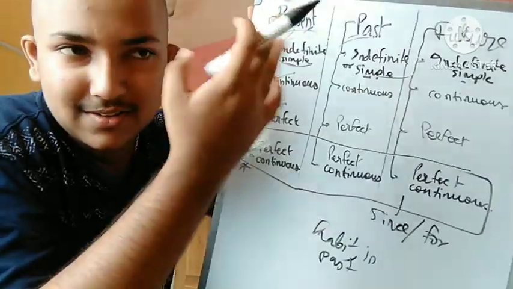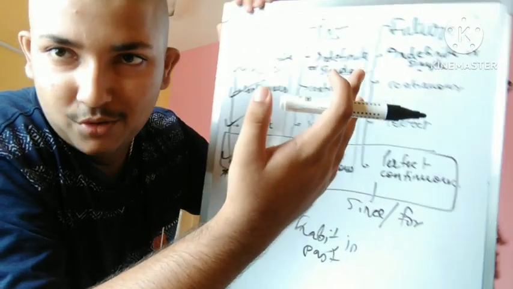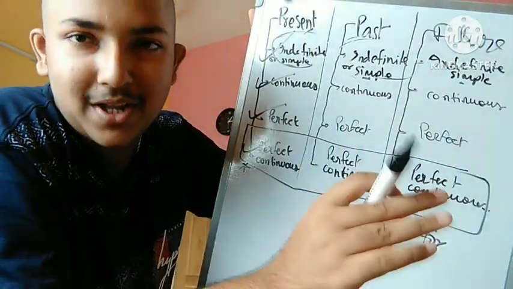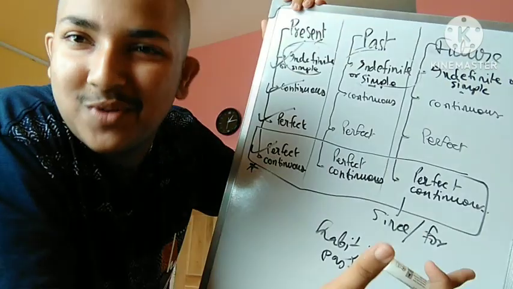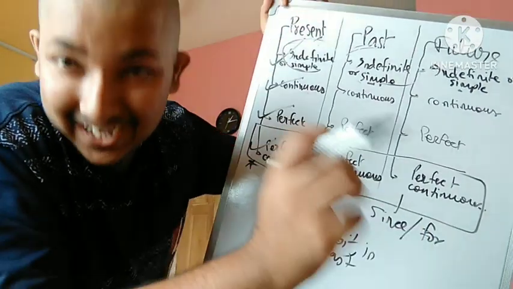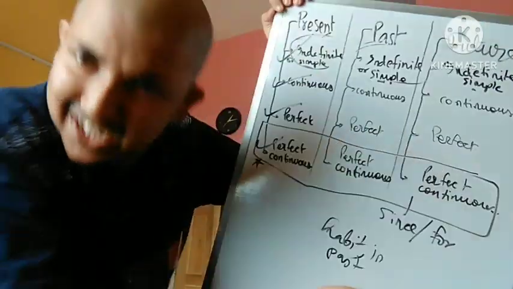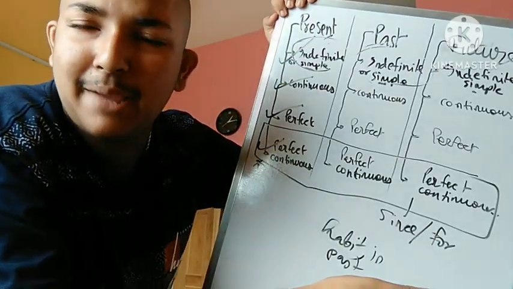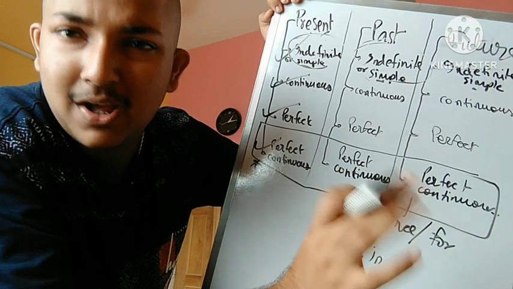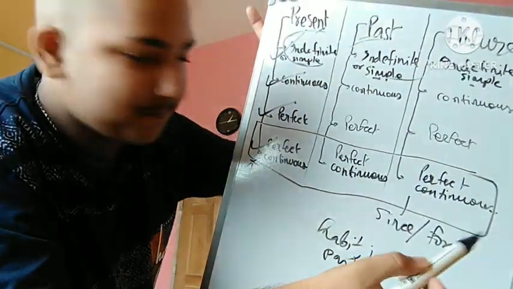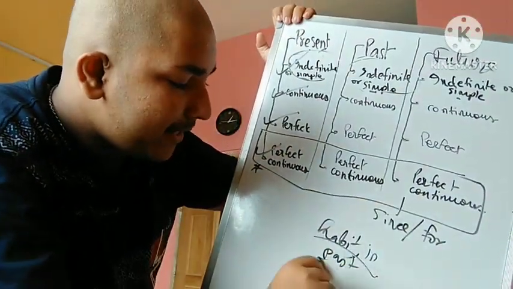I mean, Earth revolved around sun. I'm always saying sun revolved around Earth. This is very wrong. Earth revolved around sun. This is very wrong, because we know that Earth is still revolving around sun. What type of sentence is this, right?